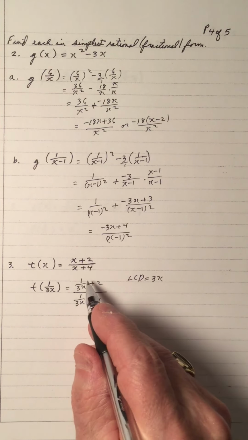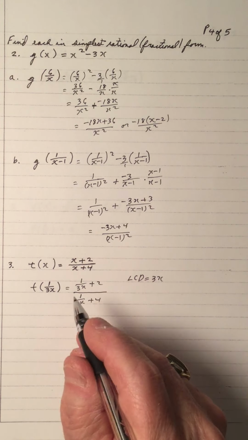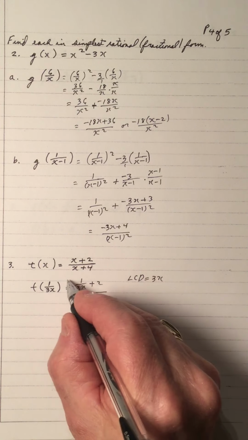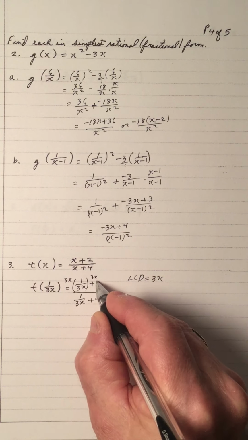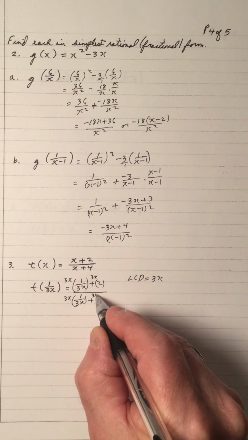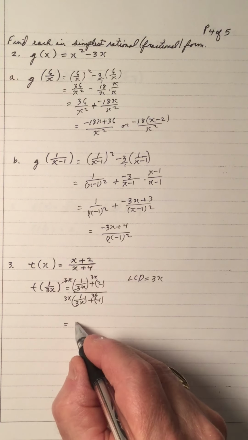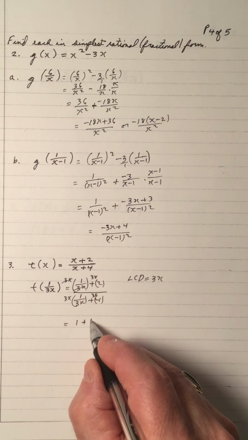Because I have a complex fraction, one of the easier ways is to multiply all parts, top and bottom, by the LCD. So 3x times this part, 3x times this part, and 3x times this part. When we do that, the denominators will cancel. So 3x times 2 is 6x.